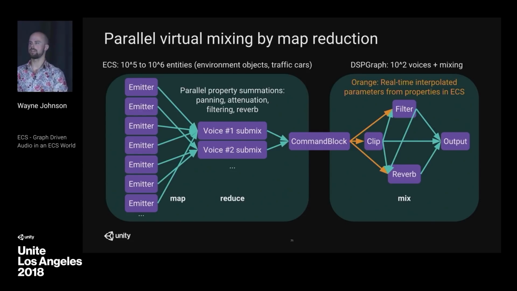That voice playback then starts interacting with the DSP graph through this command block. And the command block basically defines how we do this asynchronous transaction to the running DSP graph. From this system, we can now automate things like the left-right balance of the mix and the front and back balance, and we actually did front and back panning using low-pass filters.